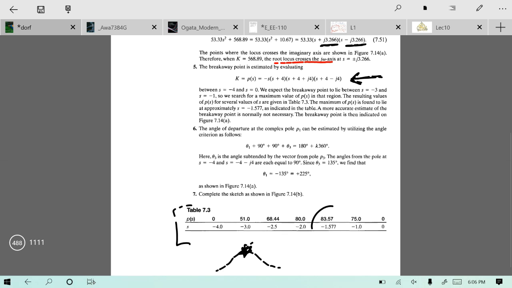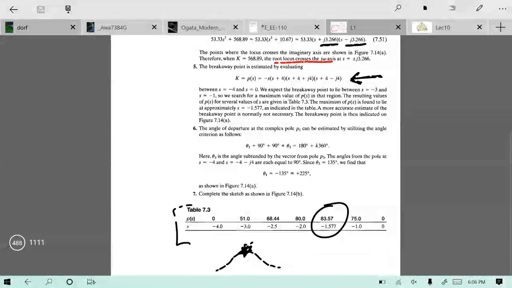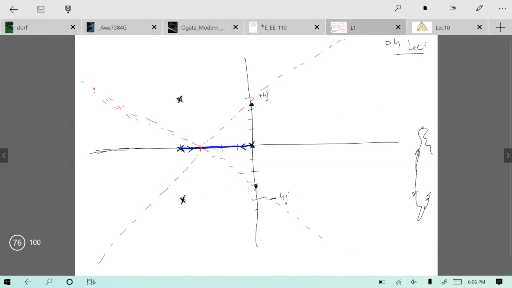So this is the point. s is equal to minus 1.577 is the point where your poles will break away. So at this point your poles will break away.